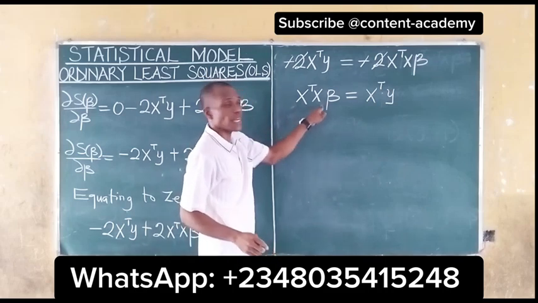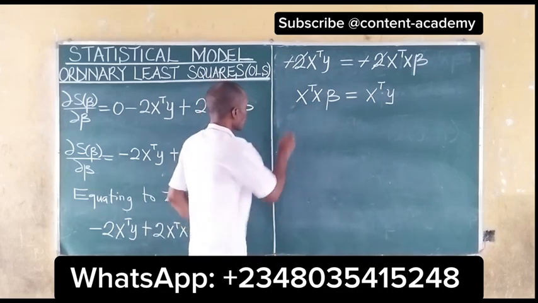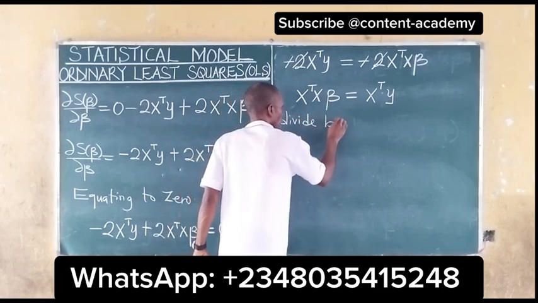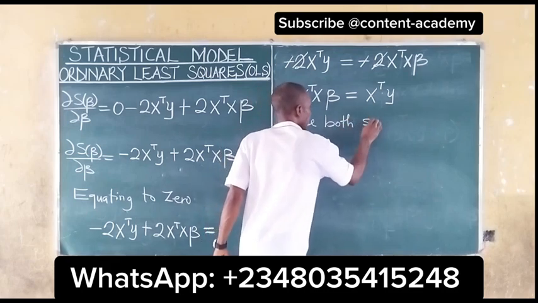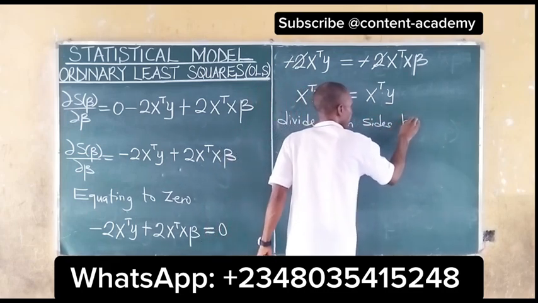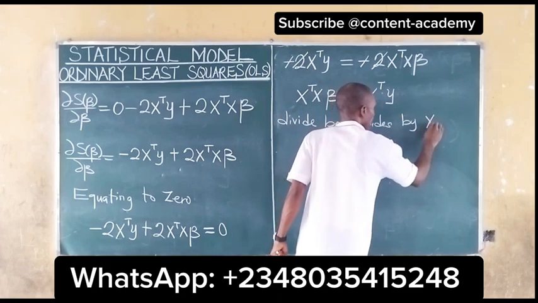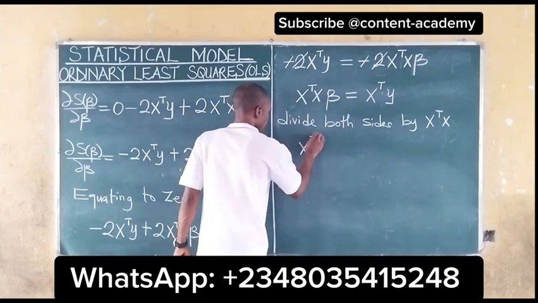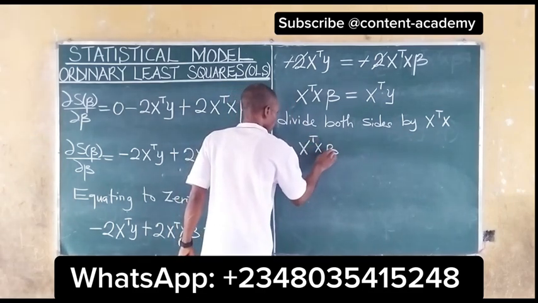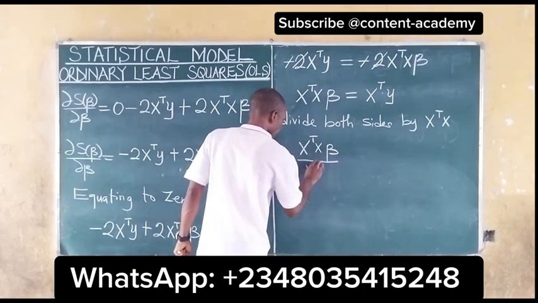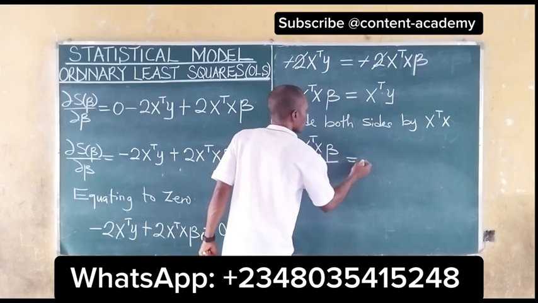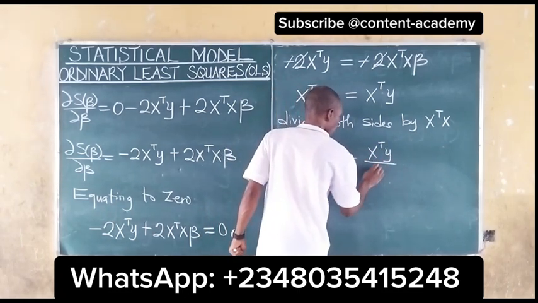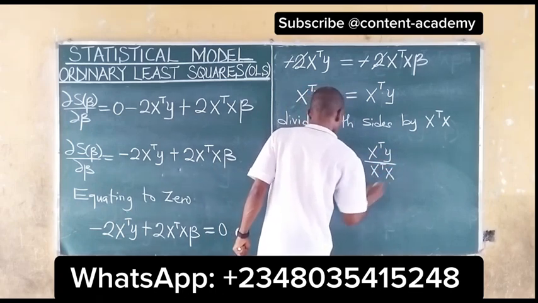Now we can say divide both sides by x transpose x if you wish. So we have x transpose x all over x transpose x equal to x transpose y all over x transpose x.